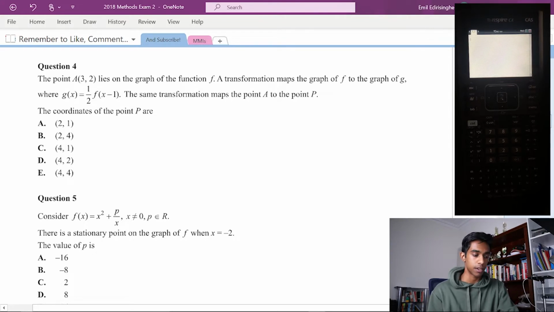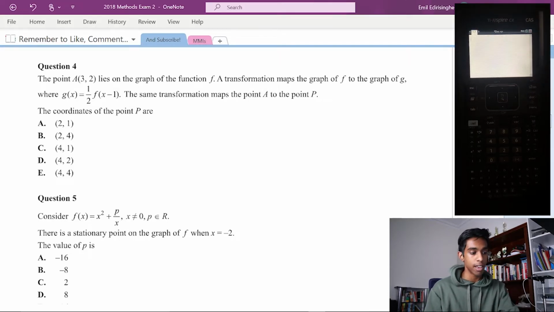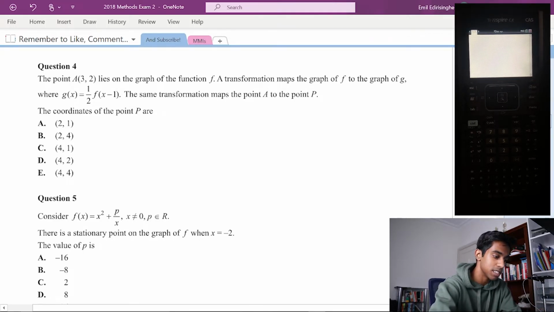What we know is that when we have an x minus 1 inside the function, the whole thing has been moved 1 to the right. If it was x plus 1, it would be 1 to the left. So the point A has to be moved from 3, 2 to 4, something. And then we also know that it has been halved, so it's going to be 4, 1. So the answer will be C.